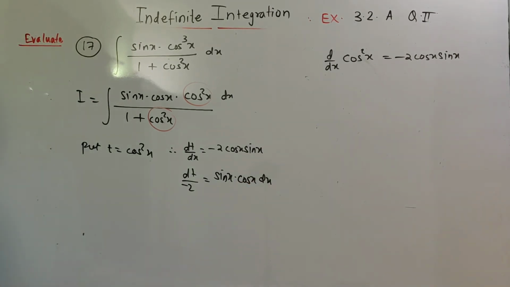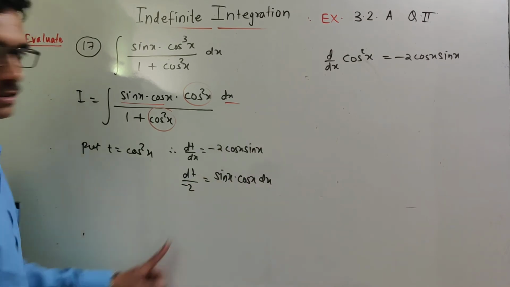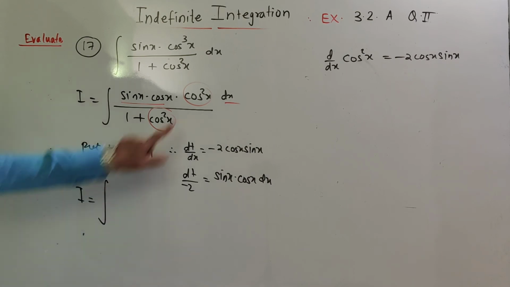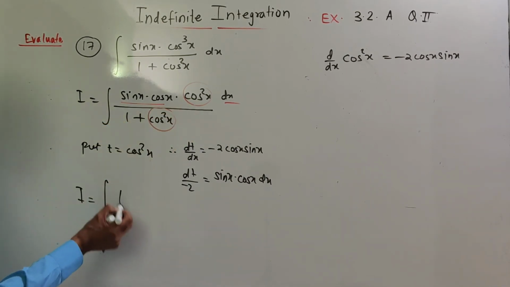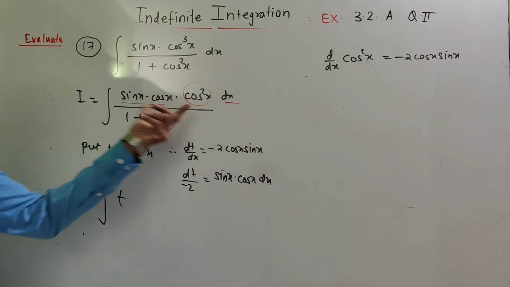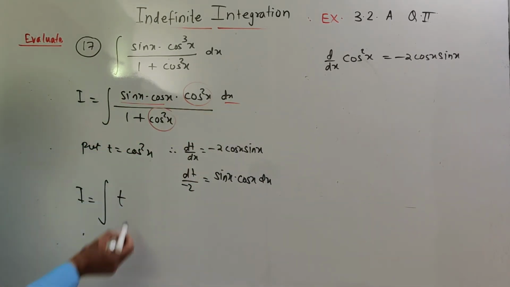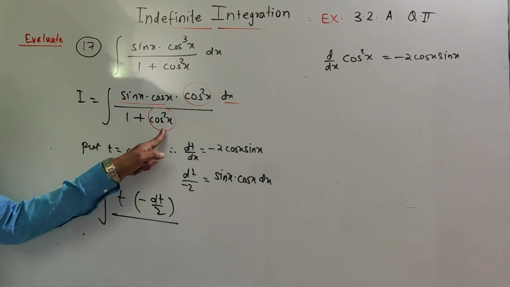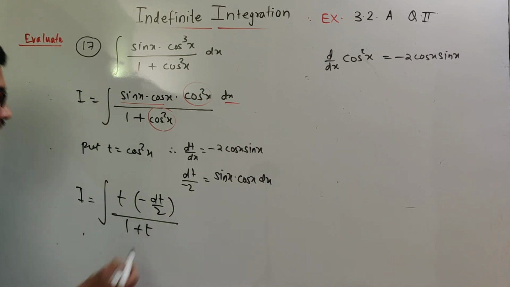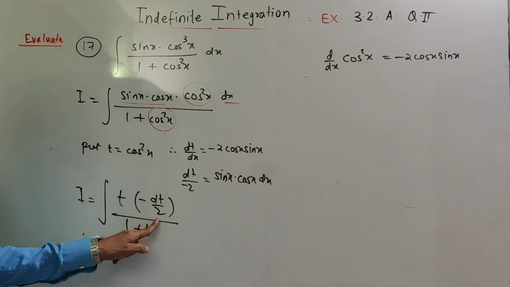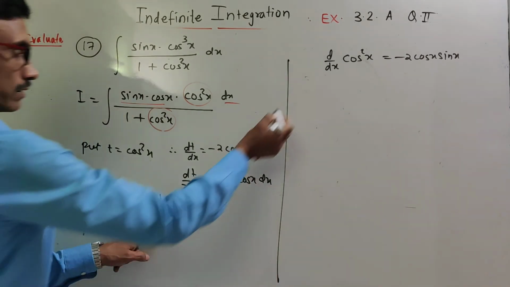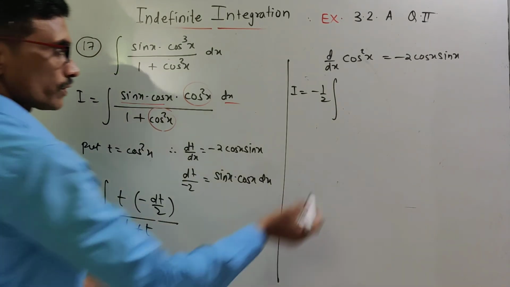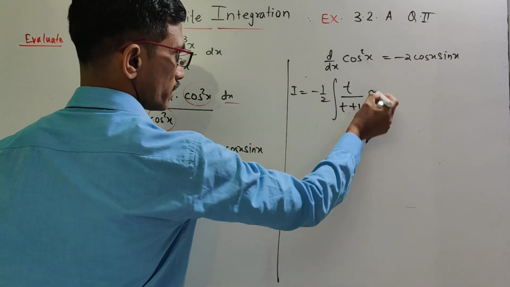So this sin x cos x into dx is equal to minus dt upon 2, so that our integral I will be equal to cos square x, that is equal to t, sin x cos x dx, which is equal to minus dt upon 2, upon 1 plus cos square x, which is 1 plus t. This minus 1 upon 2 we will write outside the integral. So our integral I will be minus 1 upon 2 integral of t upon t plus 1 dt.